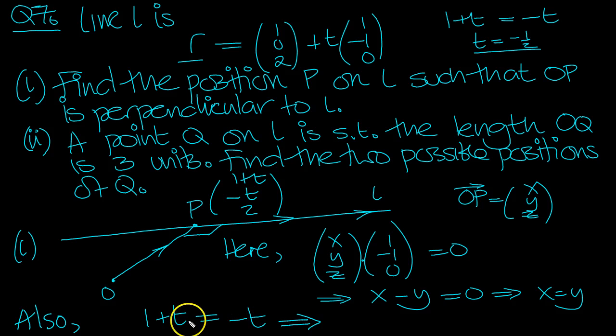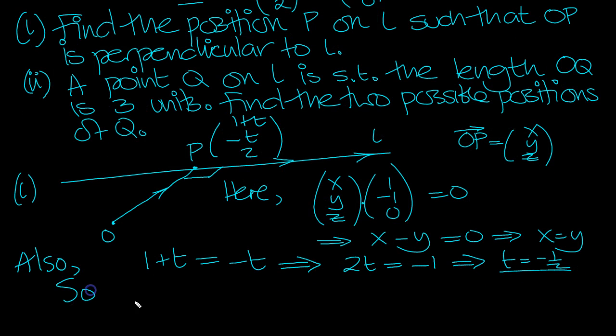Is when this happens. Bring the 2t over there, and move the 1 over. So that tells us t is minus a half. So we can find out P. So P has coordinates then. OP is the vector: the x value, 1 plus t, with t minus half, will be a half. The y equals x, so the next value, minus t, will be a half, and then the z value is 2.